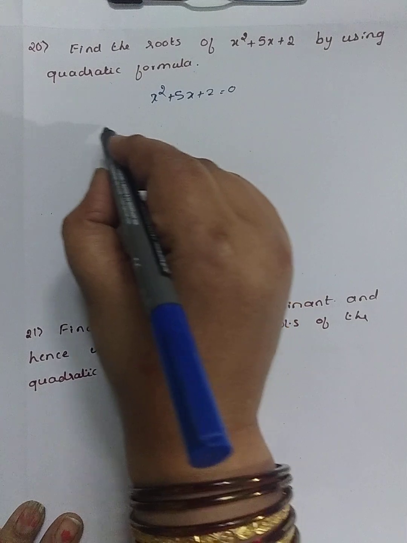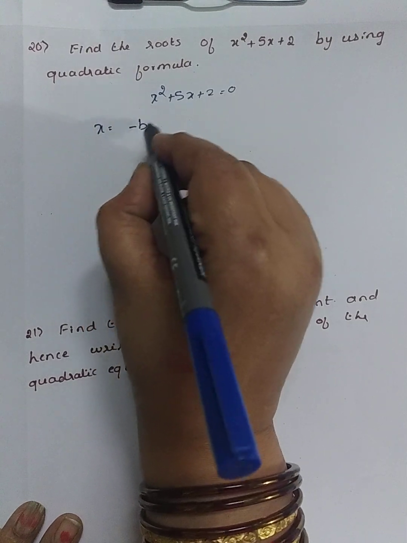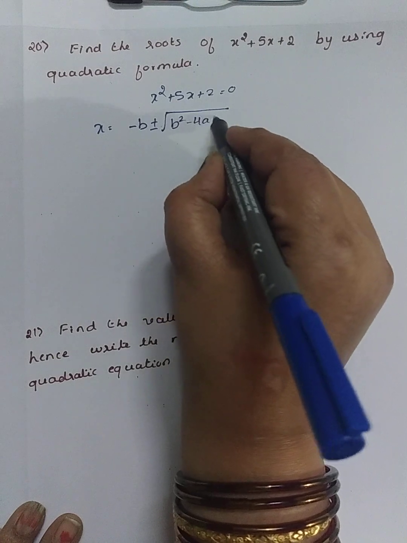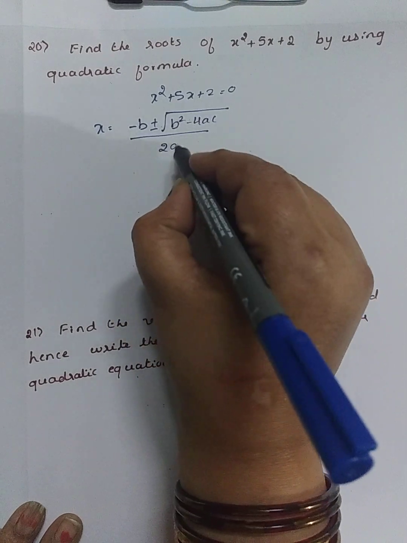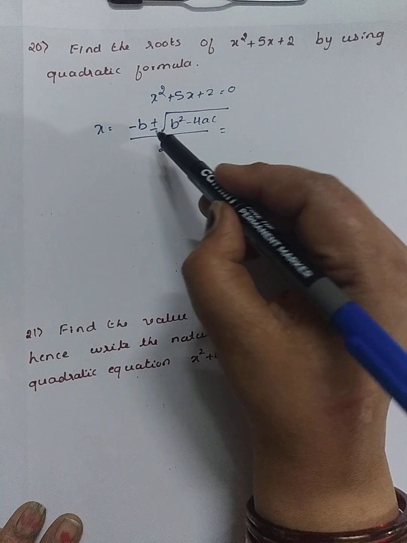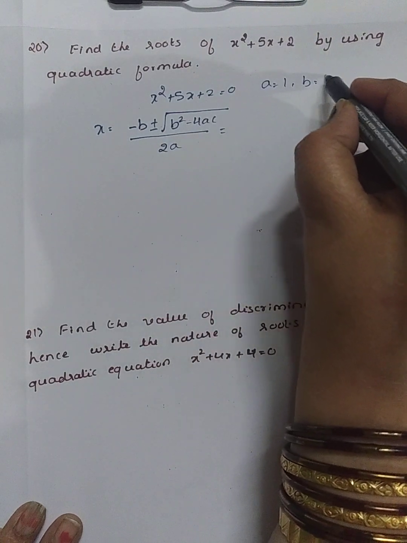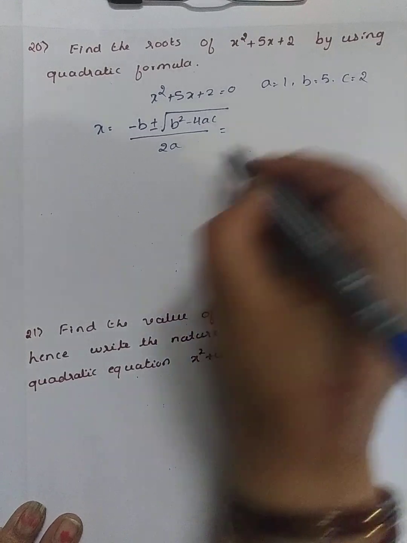The formula is x equal to minus b plus or minus root of b square minus 4ac divided by 2a. We will write a equal to 1, b equal to 5 and c equal to 2.